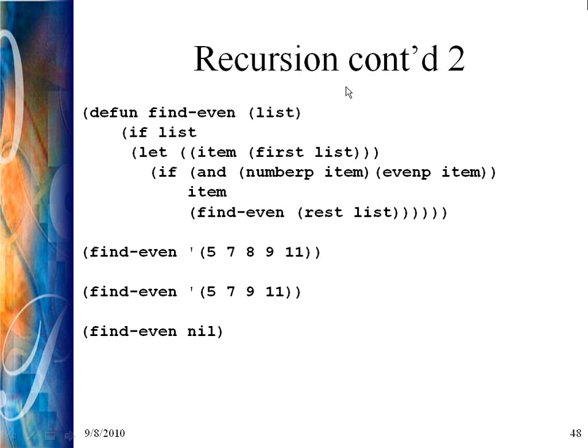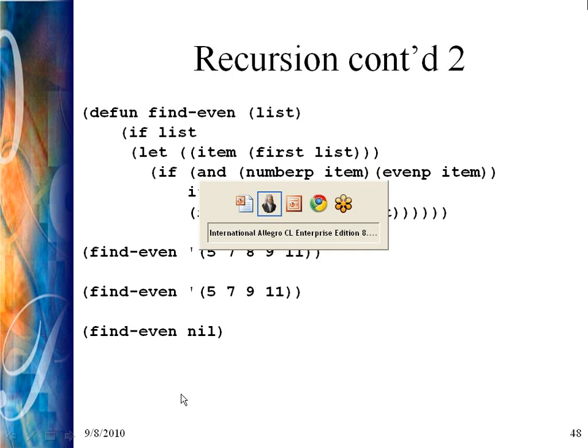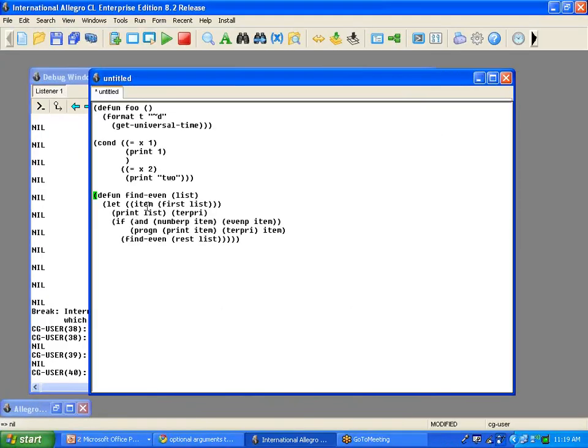So here's a fix for that. To find-even of list, you test if list, then do all of that. Let's just modify my function. Now we've messed up the indentation.